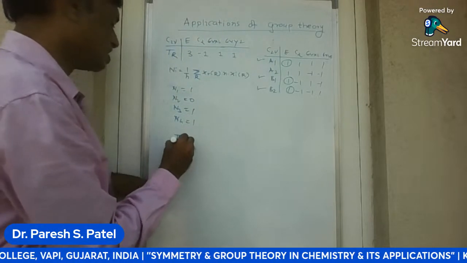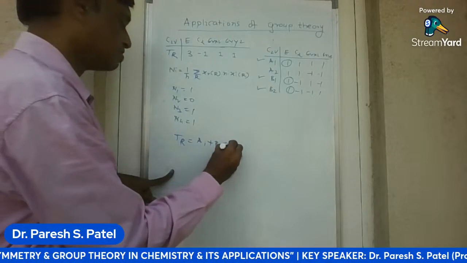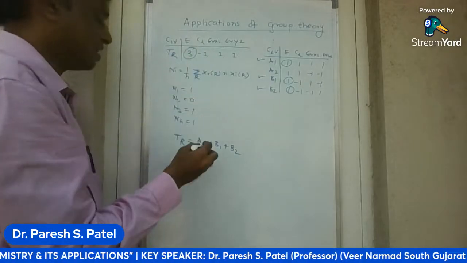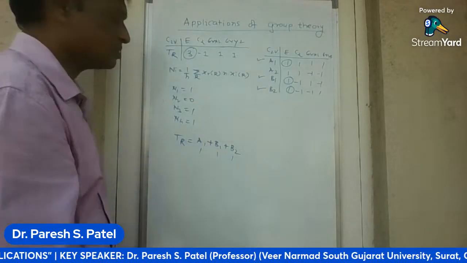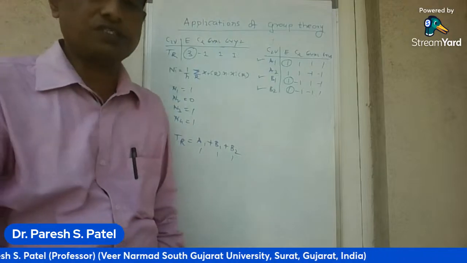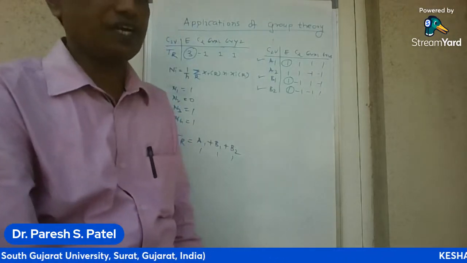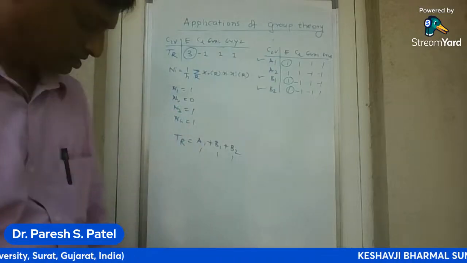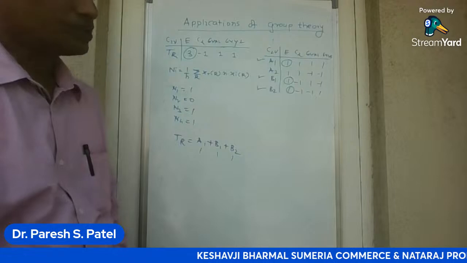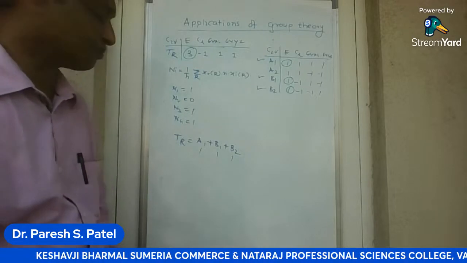It means Γ is equal to A1 plus B1 plus B2. So this three-dimensional representation can be reduced into three one-dimensional irreducible representations. So dear students, this is the application of group theory in atomic orbitals, and in this title the transformation properties are the most important questions.